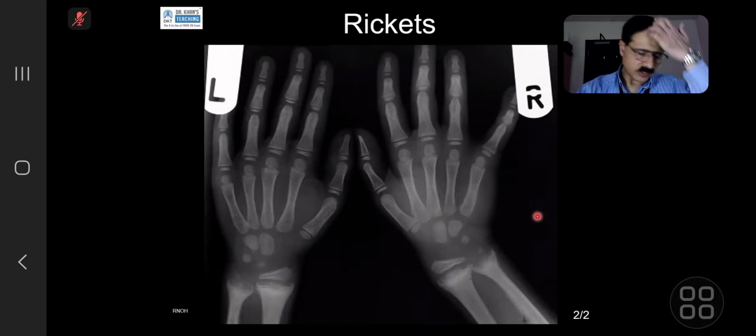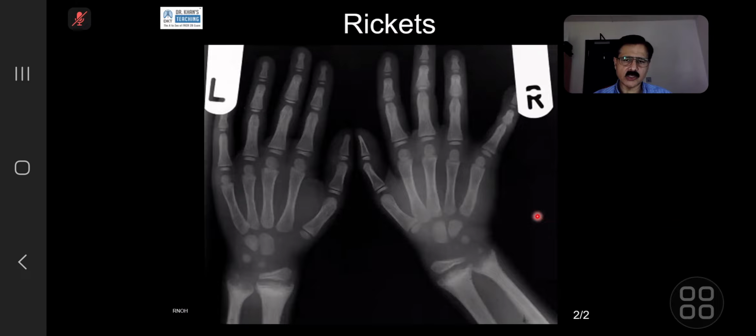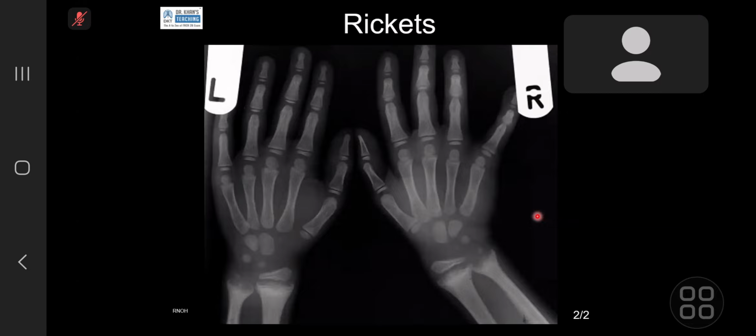In rickets, now we are into the world of metabolic. Please remember the concept that bone is made up of two components. One is protein and second is mineral. I am keeping it very, very simple. The protein is known as osteoid, and the mineral, of course, calcium is the main thing.